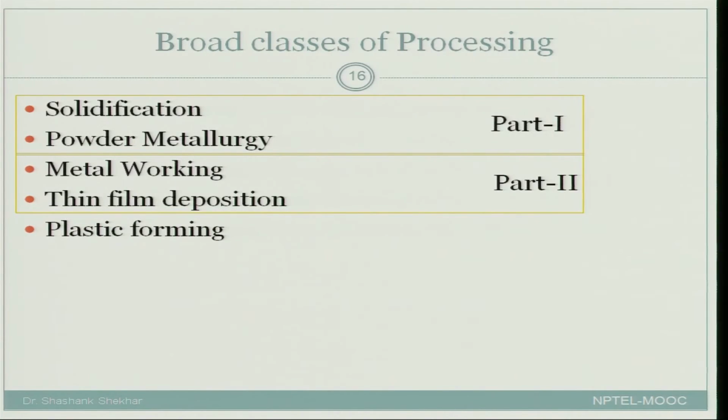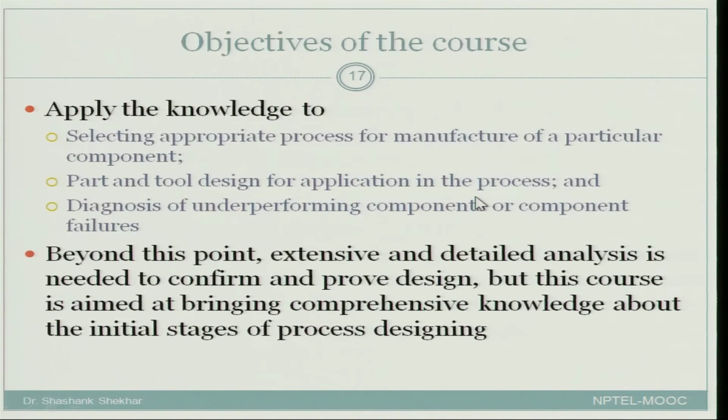Now this first part of the course is about solidification and powder metallurgy, and the second part of the course will discuss metalworking and thin film deposition. So based on our understanding so far, we can say that the objectives of this course are threefold.